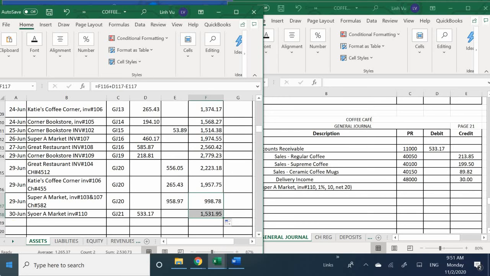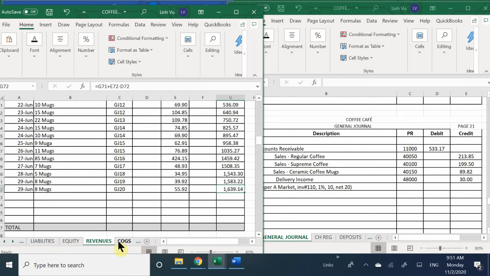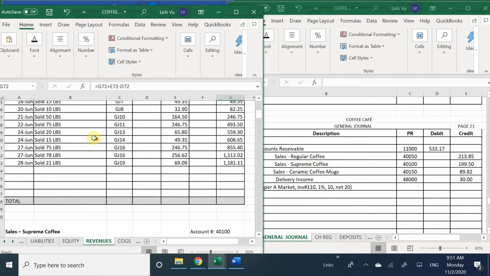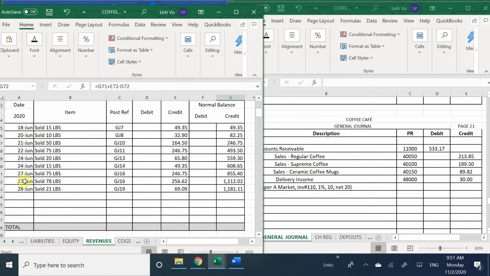And then we'll go to our revenues tab, and we'll go to sales, regular coffee. And the date is June 30th.